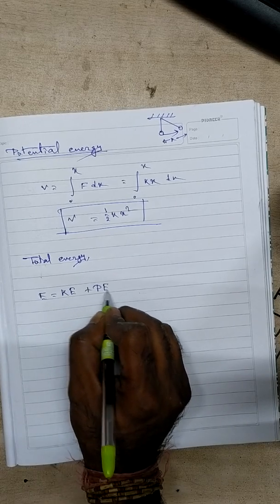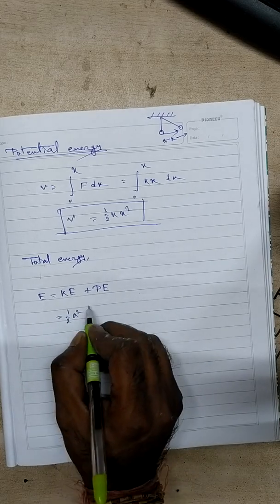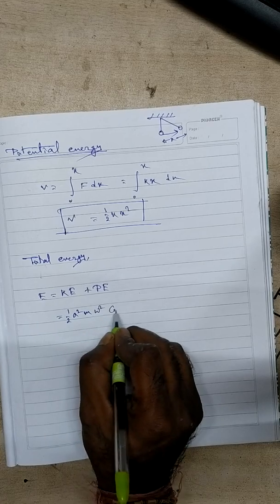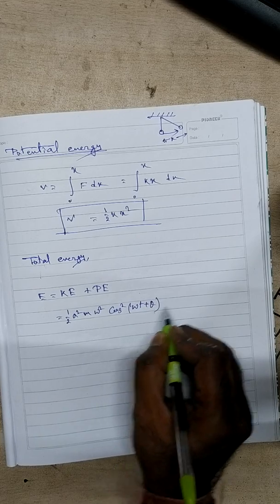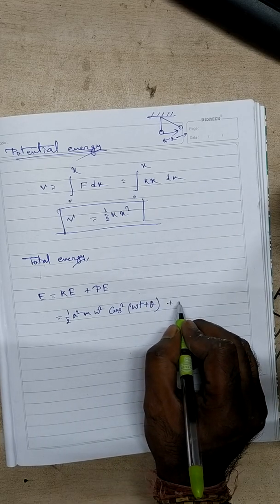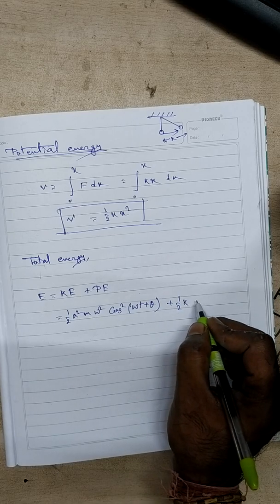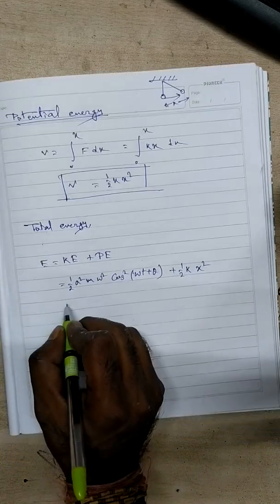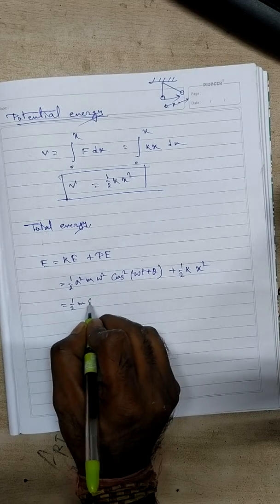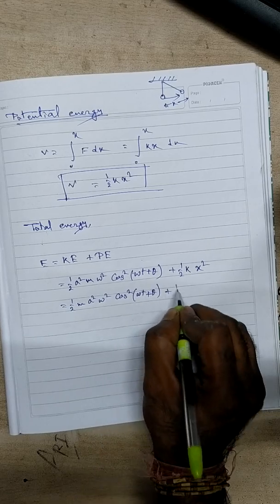Kinetic energy plus potential energy, we get half a square m omega square cos square (omega t plus theta) plus half k x square. We can rewrite this one like that.